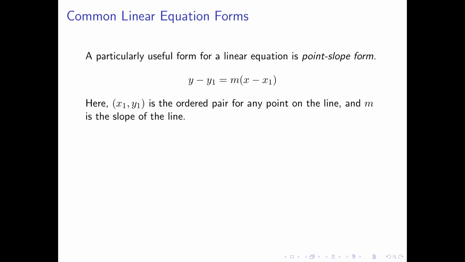So when you're finding an equation for a particular linear relation, x1 and y1 here will be filled in with the coordinates of a point you know is on the line. So (x1, y1) is an ordered pair for some point on the line. Any point will do. M, as usual, is the slope.